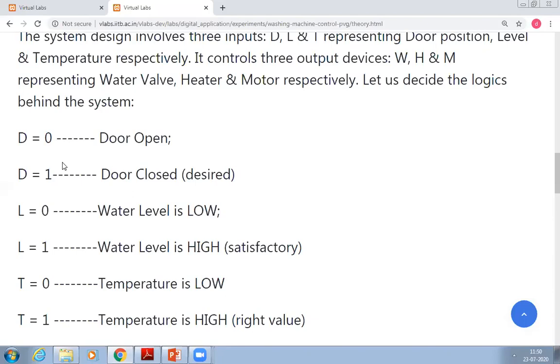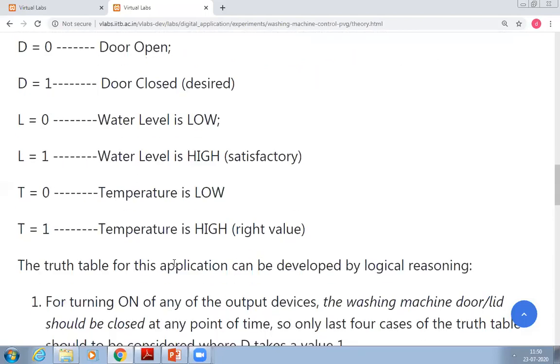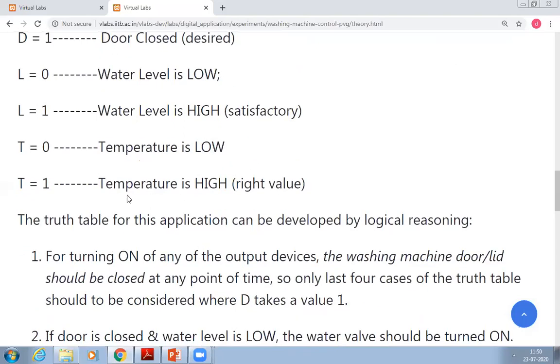Temperature T equal to 0 means low temperature, 1 means high temperature. To turn on the motor, the door must be closed, water level must be high and temperature must be high. Now based on this, we will make the truth table.